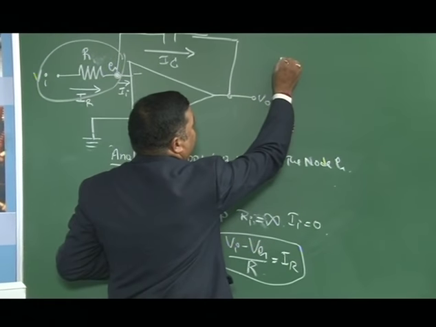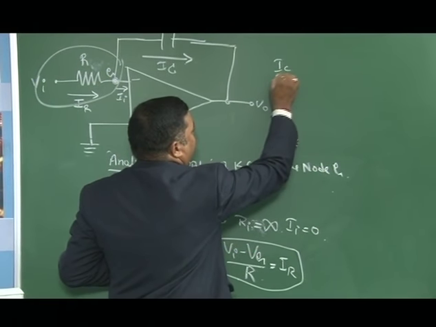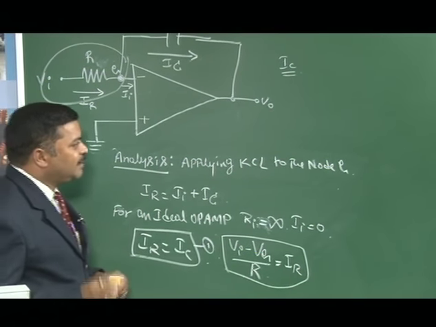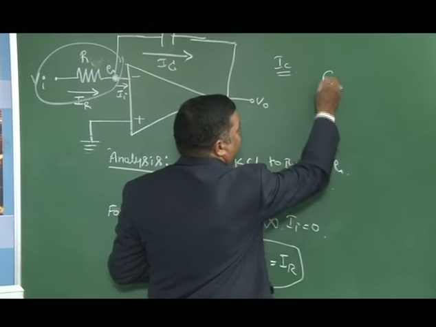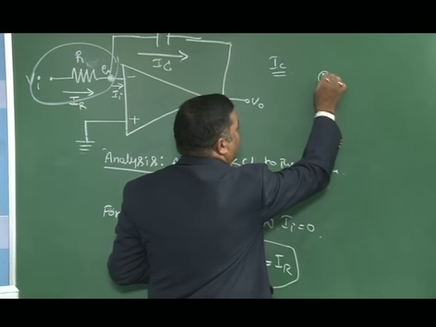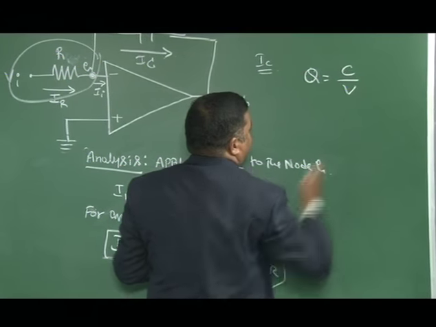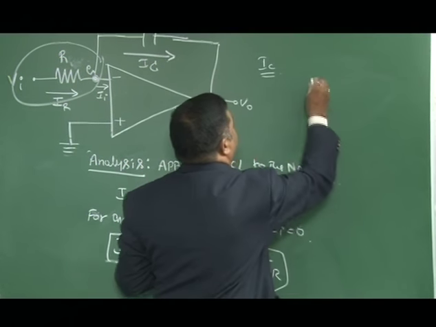the current through the capacitor. We need to find IC. In order to find IC, the current through the capacitor, we must remember this formula. C is equal to Q by V, sorry.